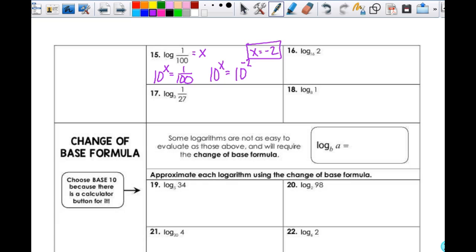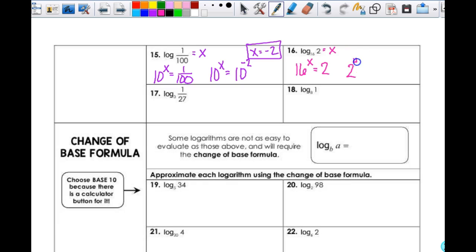Easy enough? Any questions? All right, so let's rewrite number 16. I'm going to set that equal to x, so that'll be 16 to the x power equals 2. Again, I'm not always going to use what's with my variable as my base. I don't want the common base to be 16. The common base here is going to be 2. So instead of 16, this is going to be 2 to some power. Well, 2 to what power is 16? 4, right? 2 times 2 is 4, times 2 is 8, times 2 is 16.